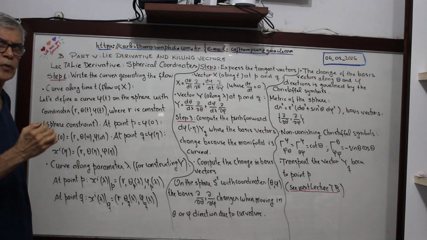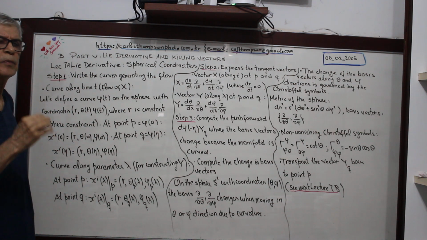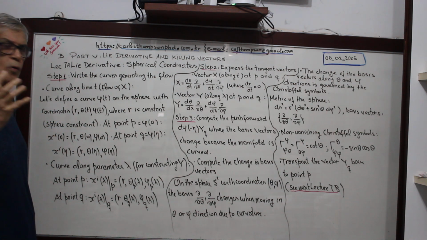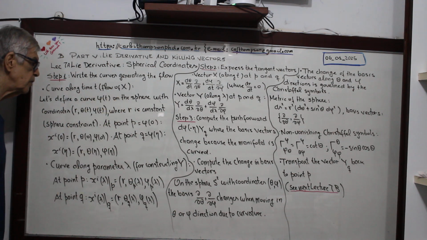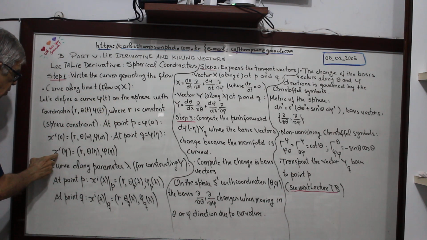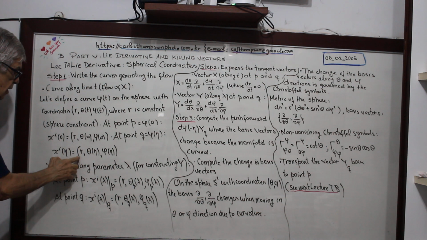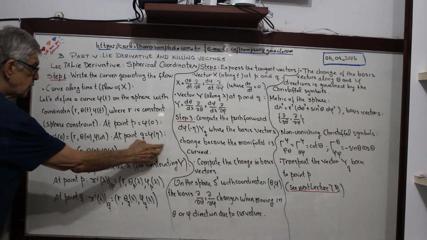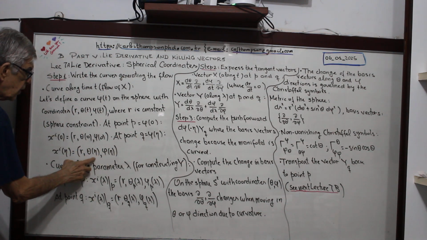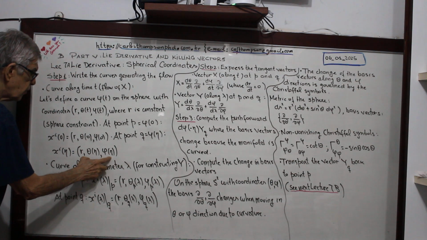At 0 is time t, P is 0, as we did in the previous lectures. So these are Cartesian coordinates. Xi of eta, a function of eta, is r, theta of eta and phi of eta.